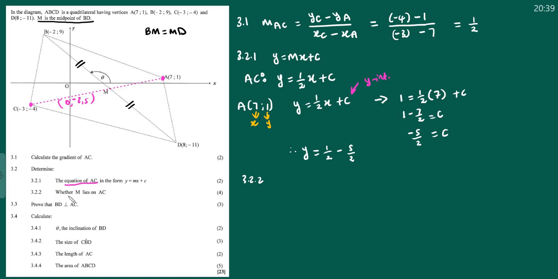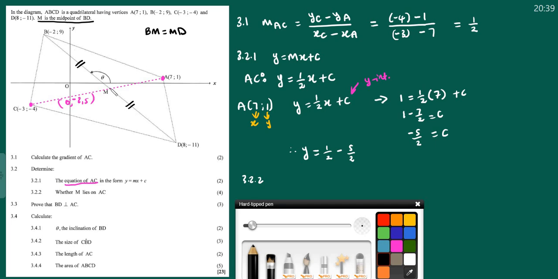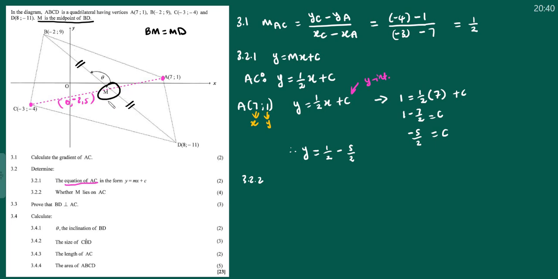3.2.2 says determine whether M lies on AC. You see this M, even though when I made my little construction there, it looks like M is on AC, we need to prove it. How do we prove that M lies on AC? Whenever you need to prove that something lies on a line, you use collinear points, right? There's a nice word for it.